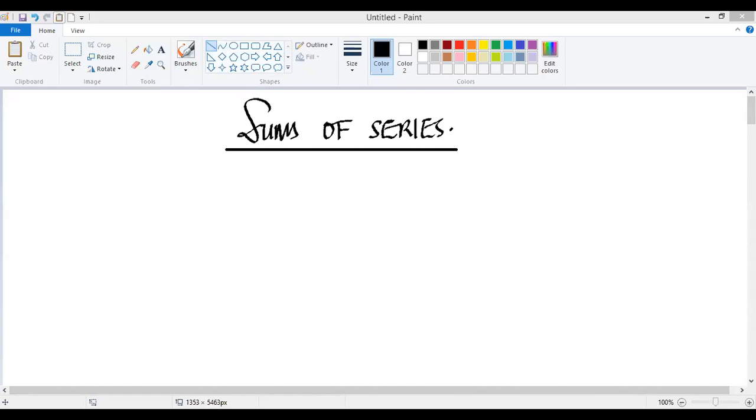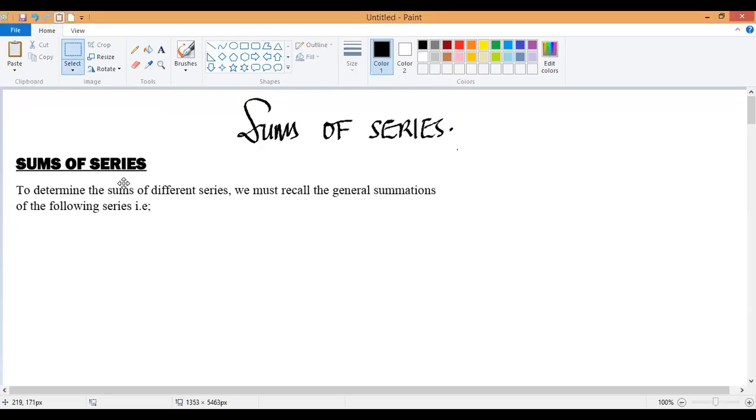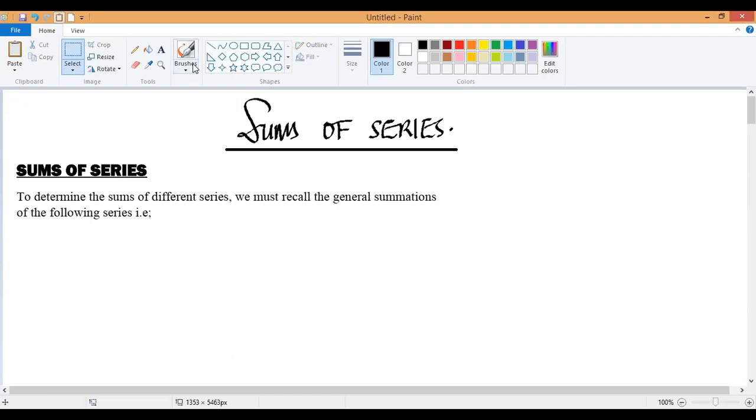For that subsection, it's important to recall the standard, or general, sums. That's why in the introduction I said, under sums of series, to determine the sums of different series, we must recall the general summations of the following series.